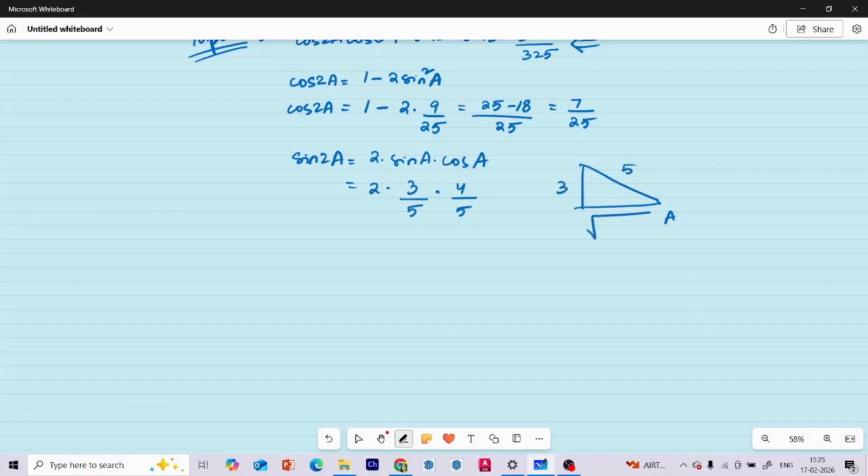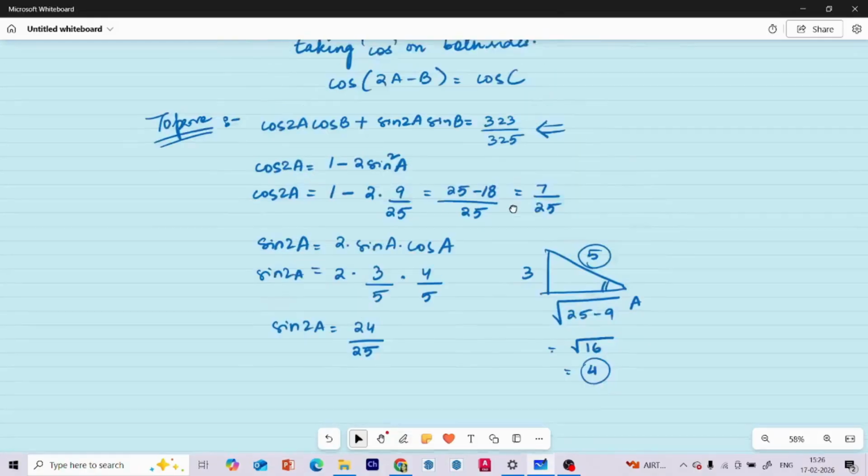So this side here would be root of 25 minus 9 by Pythagoras theorem, so root 16, which is 4. So cos A would be equal to 4 by 5. That's how we got it. Okay, so sin 2A value from this is nothing but 6 4s are 24, so 24 by 25 is our sin 2A value.